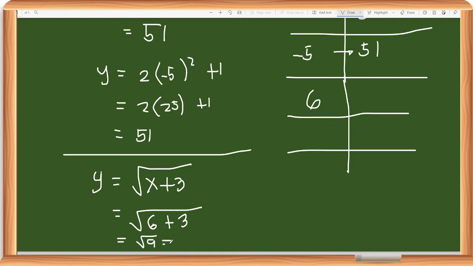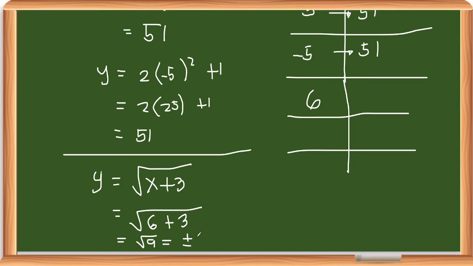As you can see, a square root of a number has a positive and negative value. So the square root of 9 is positive and negative 3. So when you have one input, we have outputs of positive 3 and negative 3.